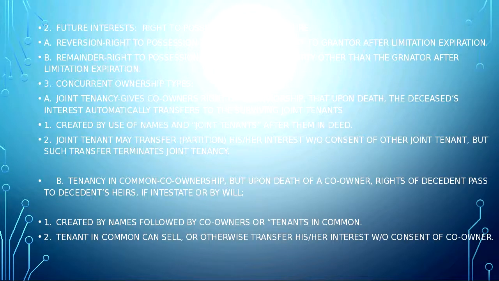Again, by listing both the names on the deed as co-owners or tenants in common, so it is clear what the intention is of the parties when they enter into it. A tenant in common can sell or otherwise transfer his or her interest without the consent of the co-owner.